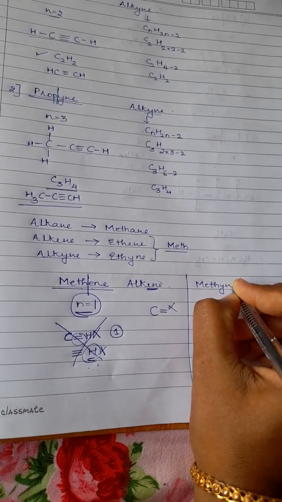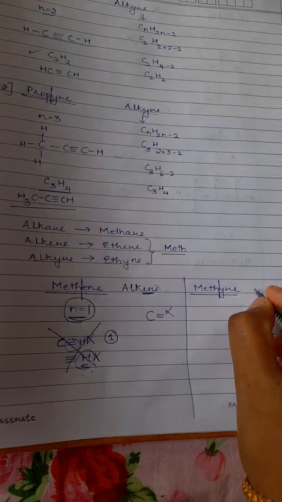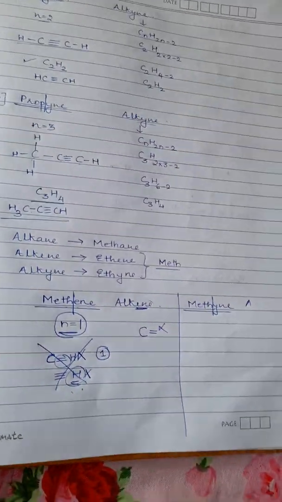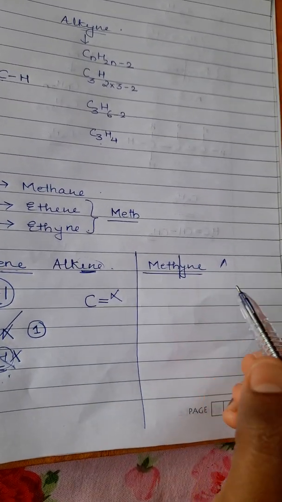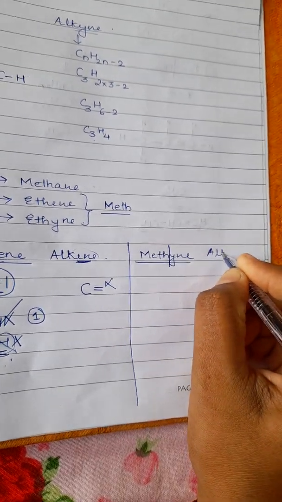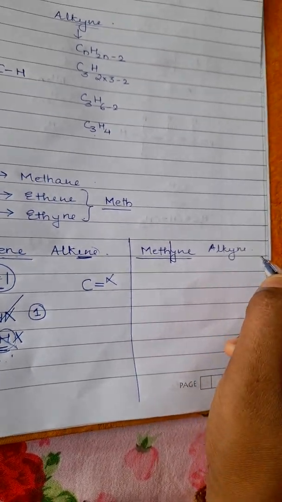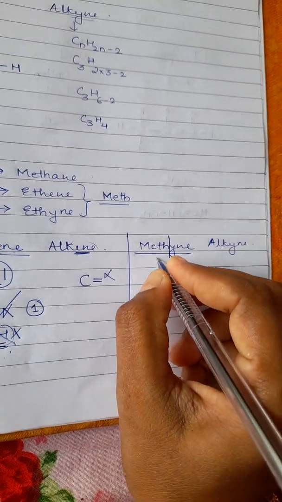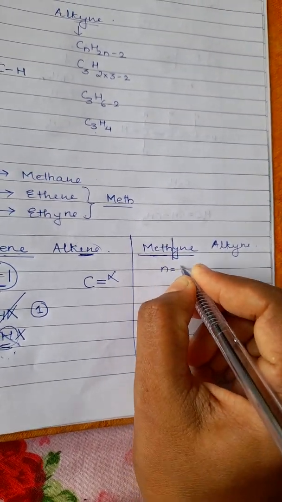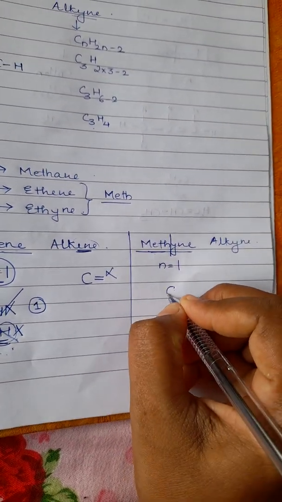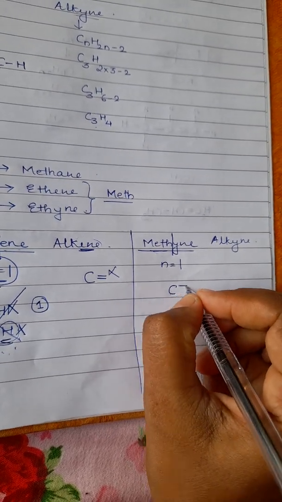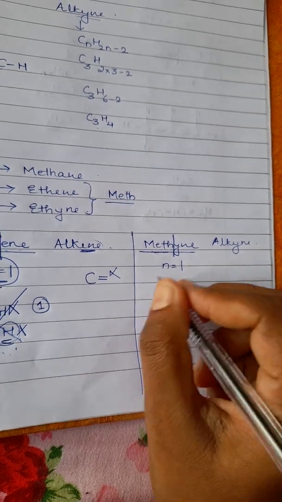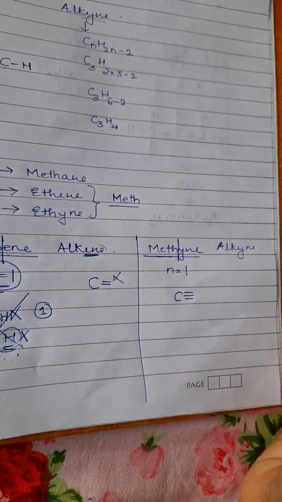That is the same problem you will face with methyne. If you divide the word, methyne is an alkyne, but meth will be n is equal to 1. If I'm putting a C, I can put a C, no problem, but I need to put a triple bond, but there is no other carbon because n is equal to 1.